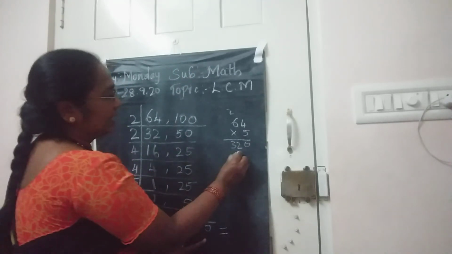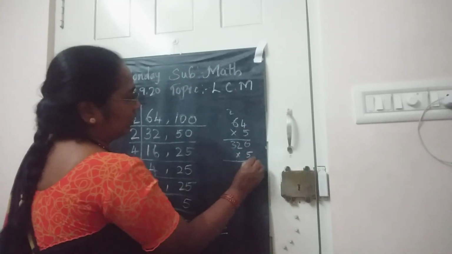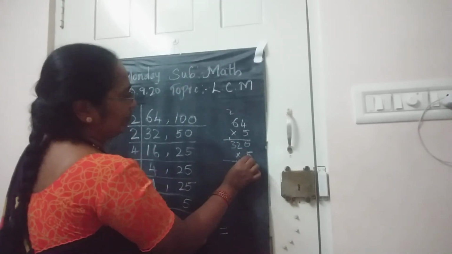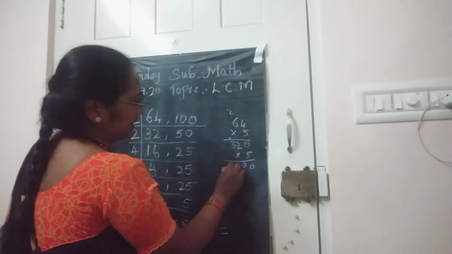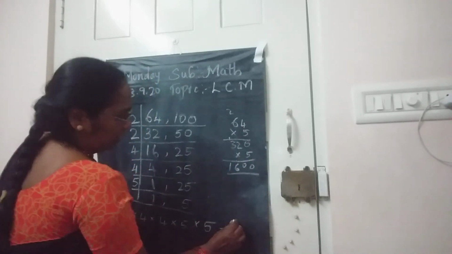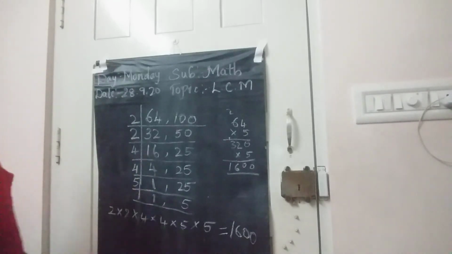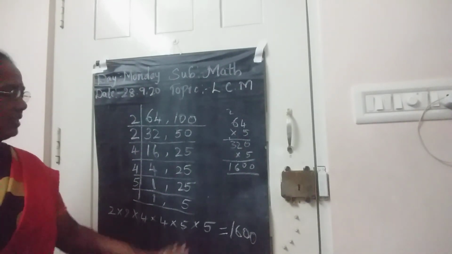Then again I have 5. 5 0s 0, 5 2s is 10, carry 1, 5 3s is 15 and 1 is 16. So what is my LCM? 1600.